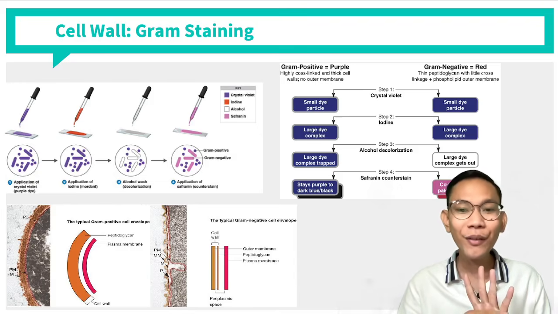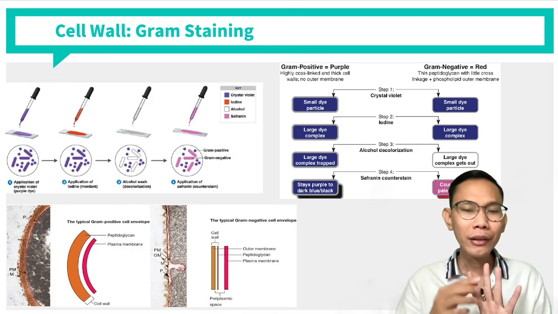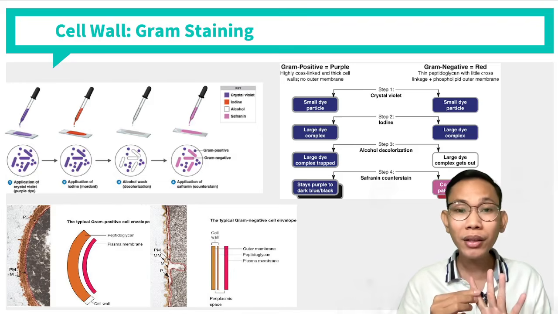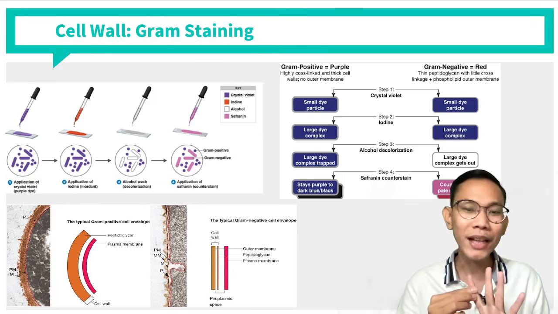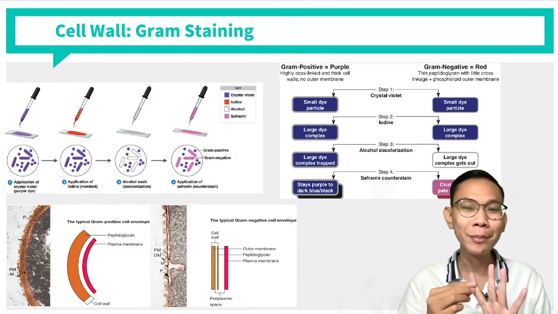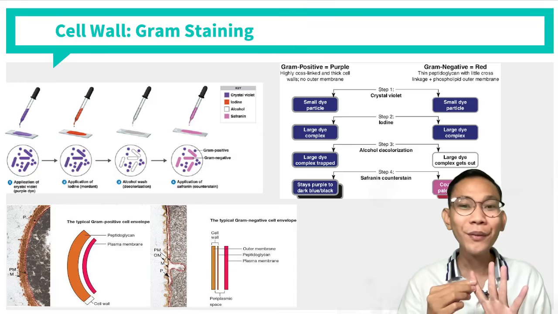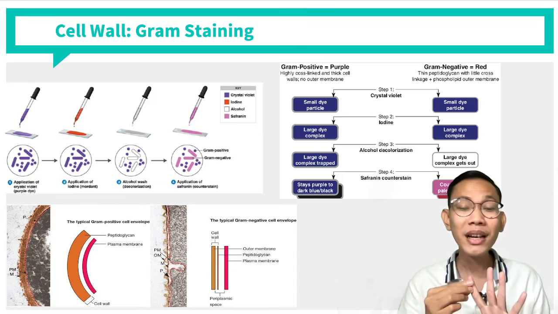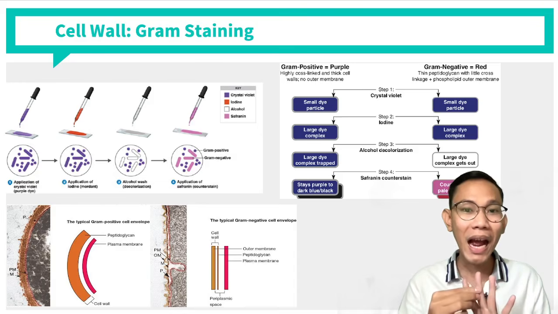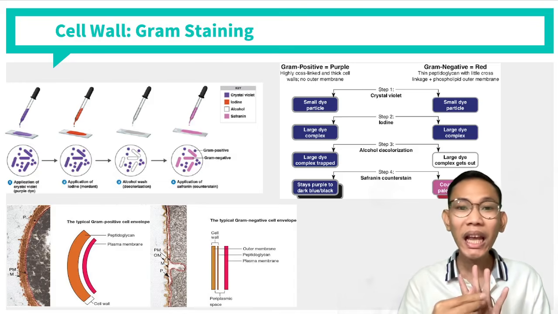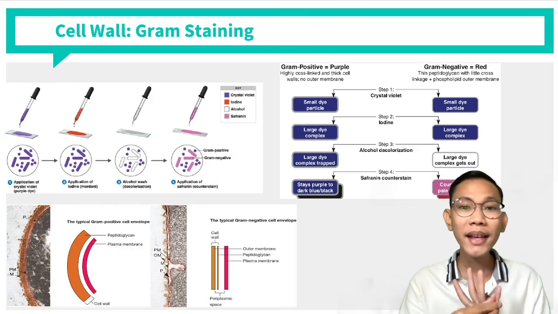V stands for violet, which is the crystal violet. So kaya ginawa na lang natin V, para mag-make sense ang mnemonic. I is iodine. A is alcohol, S is safranin. I repeat, V is for crystal violet, I iodine, A alcohol, S safranin.